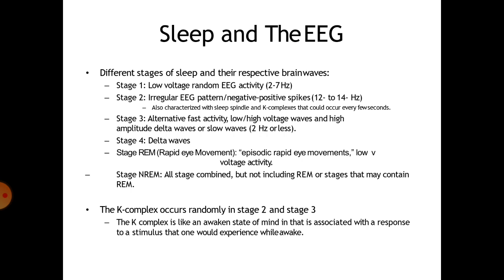Stage 3, alternating fast activity, low and high voltage waves, and high amplitude delta waves or slow waves. The last stage is delta waves. Here REM, rapid eye movement. All stages combined but not including REM, or stages that may contain REM.